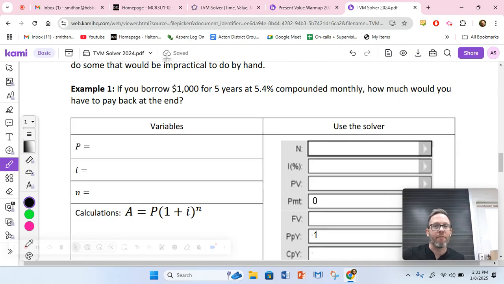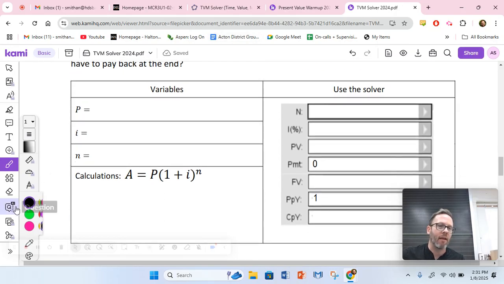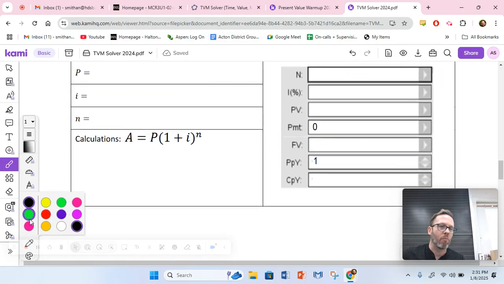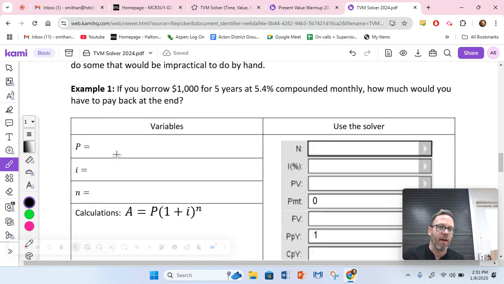I'm not going to rush as fast as I can, but I think it's reasonable that we start moving a little bit quicker through these. So our P is 1,000. We have 5.4%, so 0.054. It is a monthly problem, so we divide by 12. We're just doing this on our standard calculators right now.